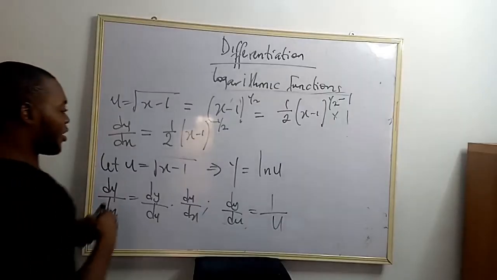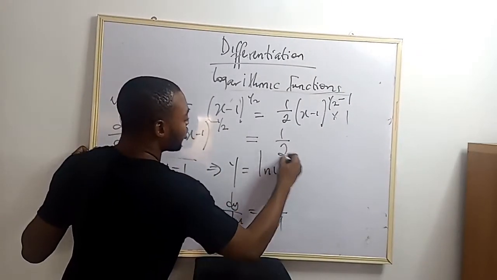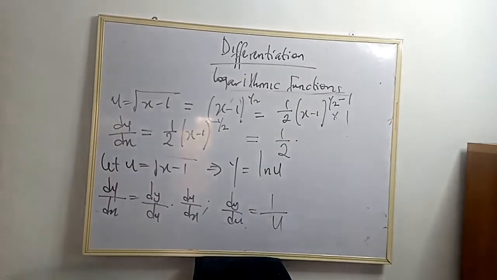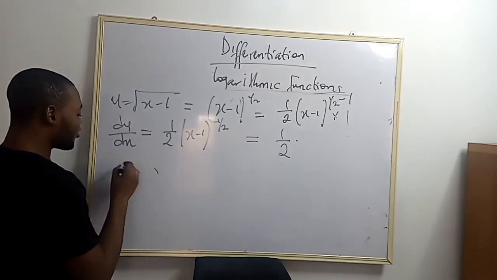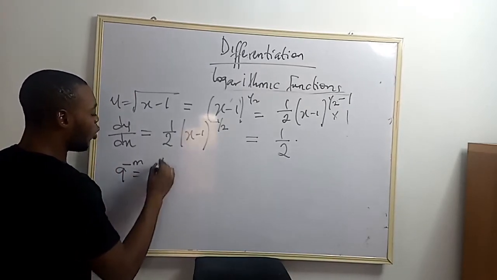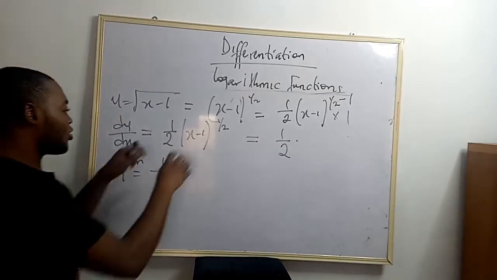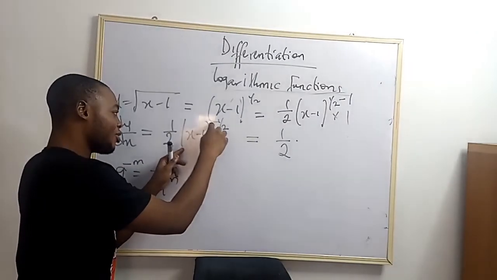So from what we have here now, this is going to be equal to 1 over 2 times, now back to rule of indices. Remember, from rule of indices, a raised to power minus m is equal to 1 over a raised to power m. So in this case, use the whole of x minus 1 in the bracket as your a.